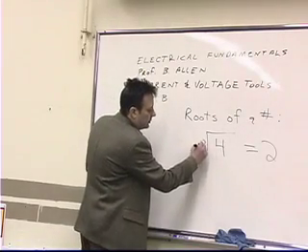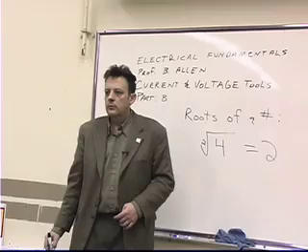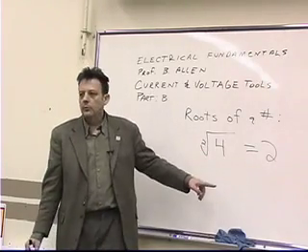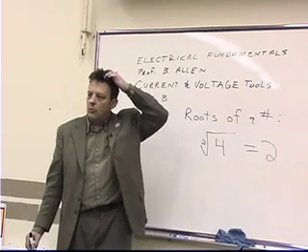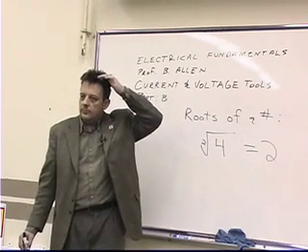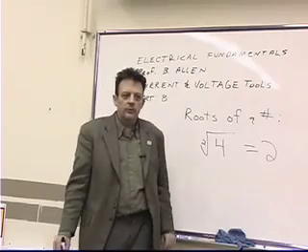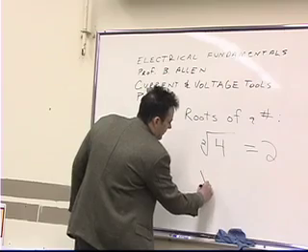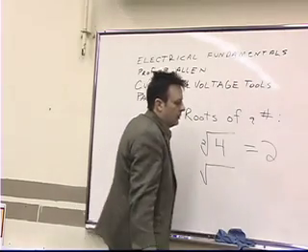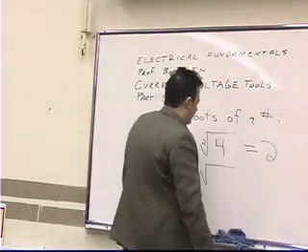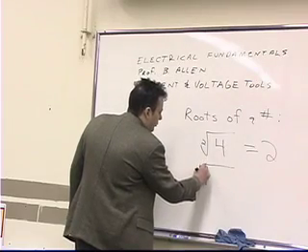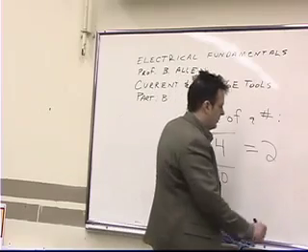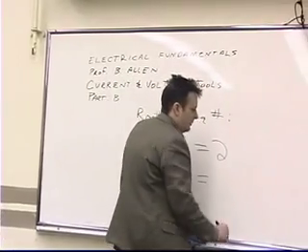It's assumed that there's a 2 right there, and that's what tells us that it is a square root. But it's used so commonly that they just don't write the 2. But if I had a number like this, which let's say was the 4th root of 10, what would that be equal to?